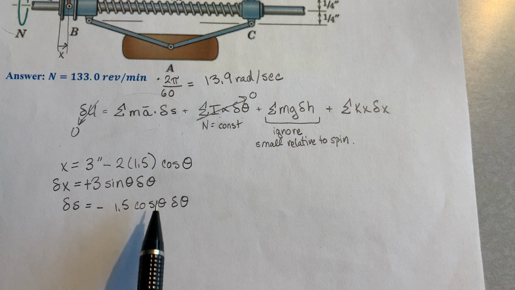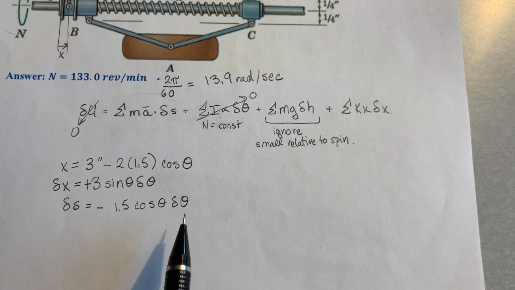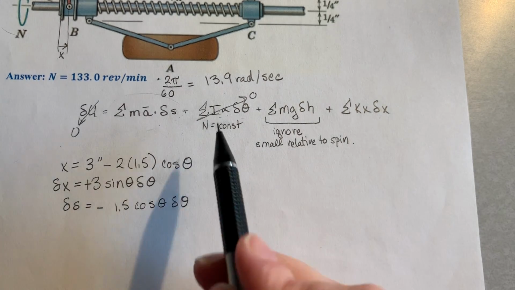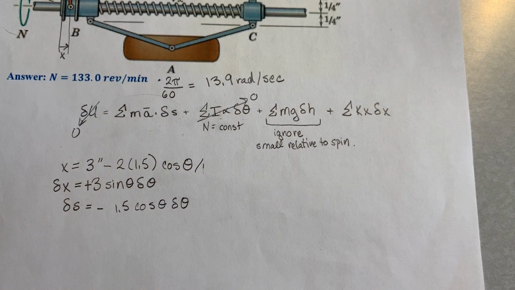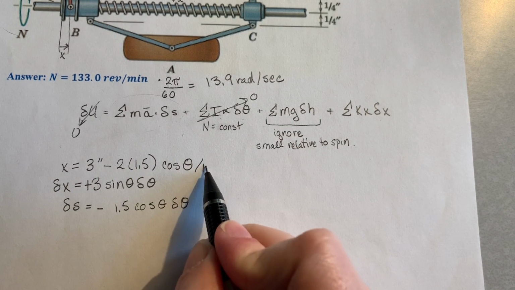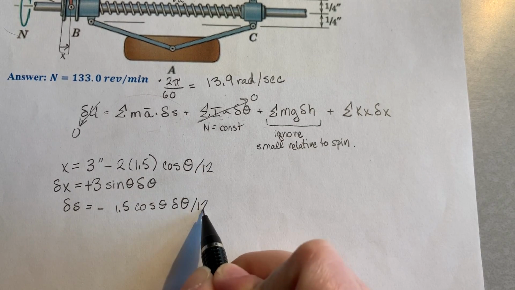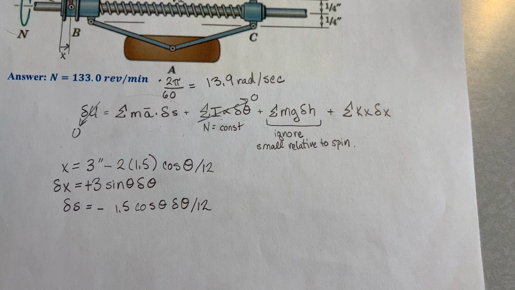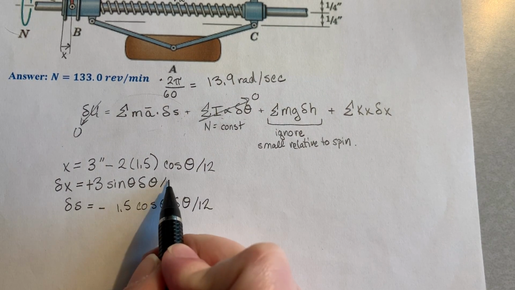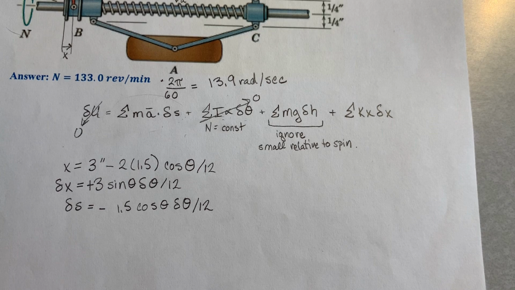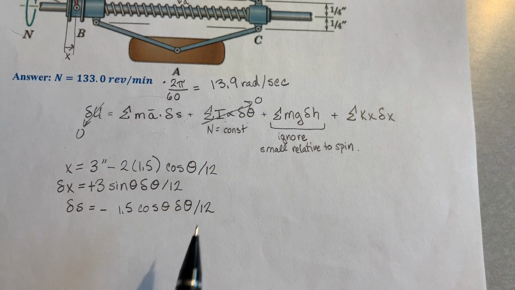Once we have this, you really want all of these in feet, so let's divide by 12. They're already in inches, we want them in feet. Okay, now we just have to put everything together.